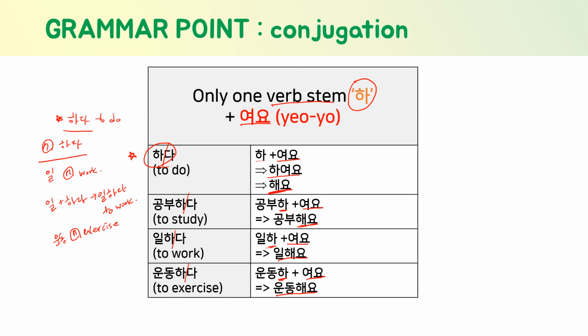With the verb 하다, it becomes 운동하다, verb, to exercise. So just remember, whenever the verb ends in 하다, it automatically becomes 해요. Okay?